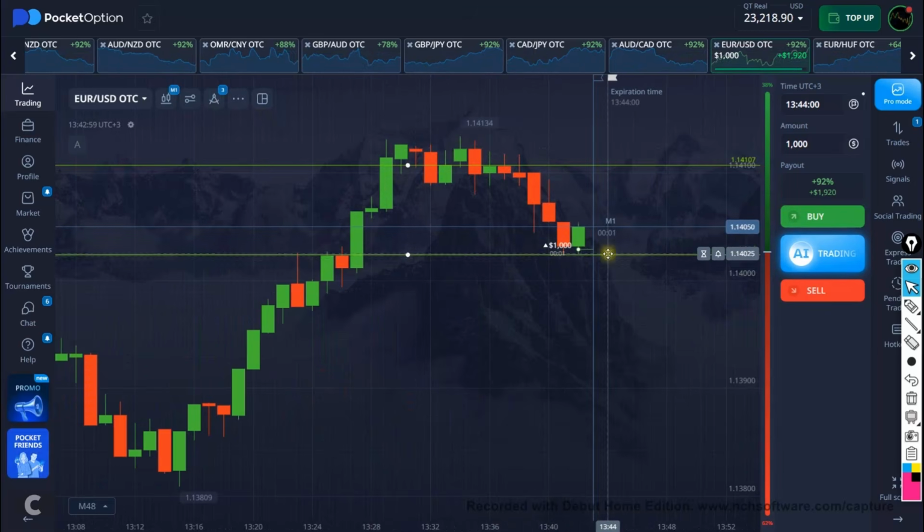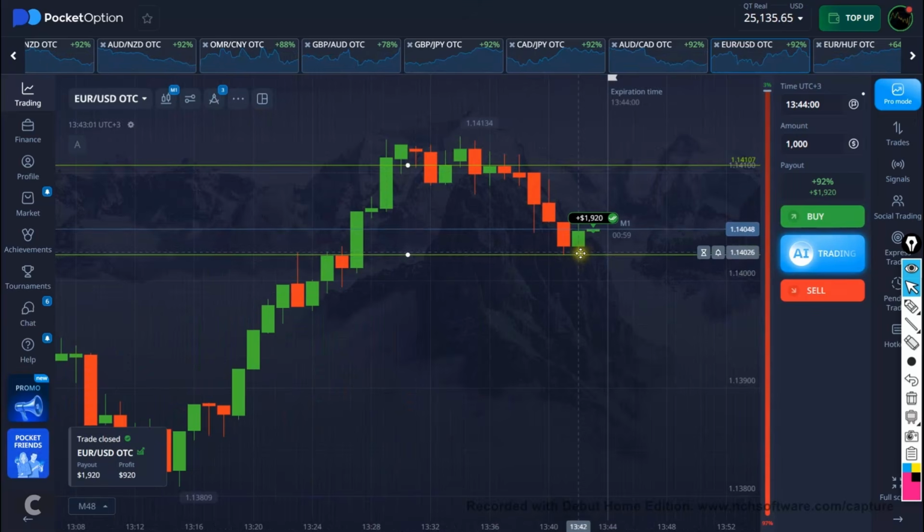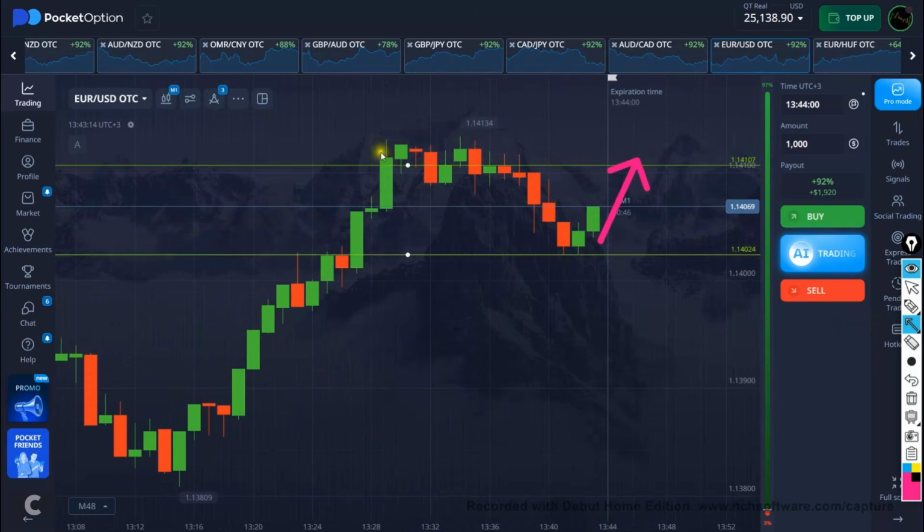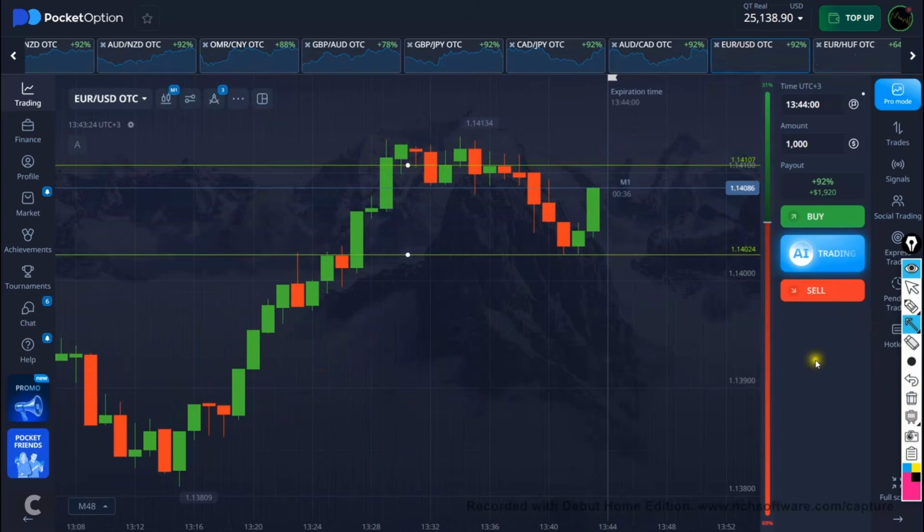So I was supposed to take it on the previous one, but I thought that this demand area was quite strong, and yeah, I expected a green candle. I expected the next candle to be green because I still expect buyers to keep on pushing the market up, because we already broke this area right here, this resistance area. So I'm expecting the buyers to keep on moving up. So that is why I took that trade.